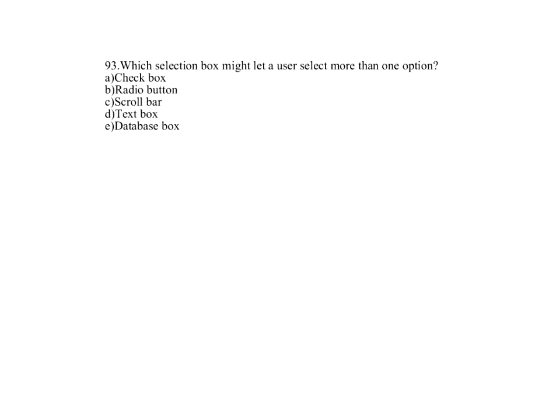Which selection box might let a user select more than one option? Checkbox, radio button, scroll bar, text box, or database box? So you should know the difference between all of these.